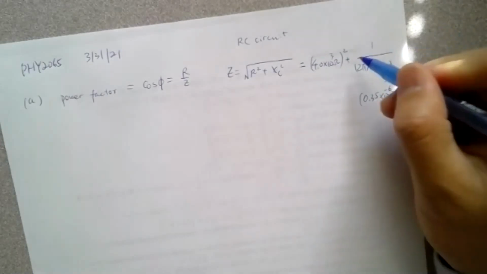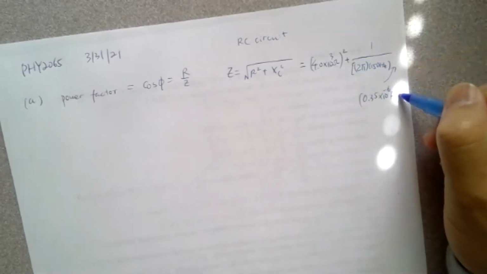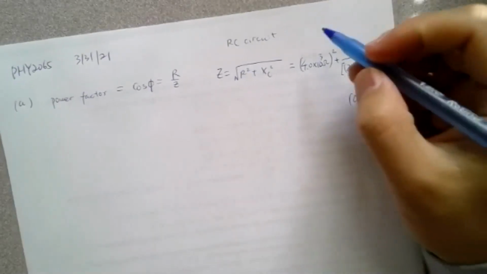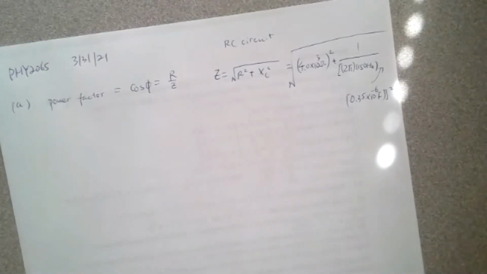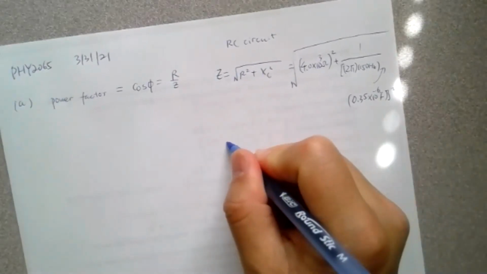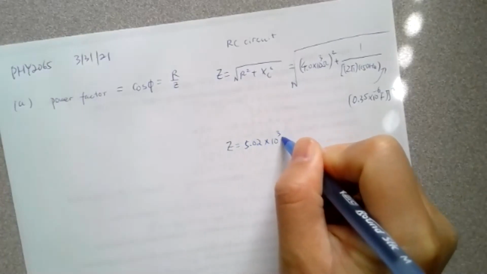Remember that's farad. Then you square everything in the denominator and take the square root of everything. It tells you your Z is about 5.02 times 10 to the third ohms.